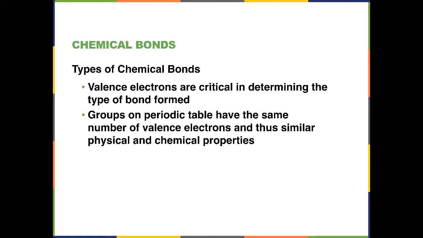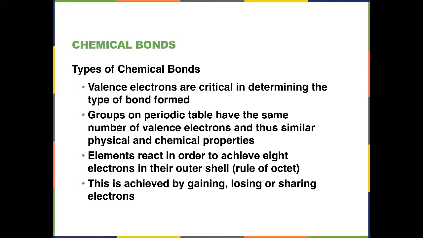Group 4A, such as carbon and silicon, have four valence electrons. Group 7A, like chlorine and bromine and iodine, have seven valence electrons. The noble gases have eight valence electrons. And this is one of the reasons why elements in a particular group have many times similar physical and chemical properties, because they have the same number of valence electrons.